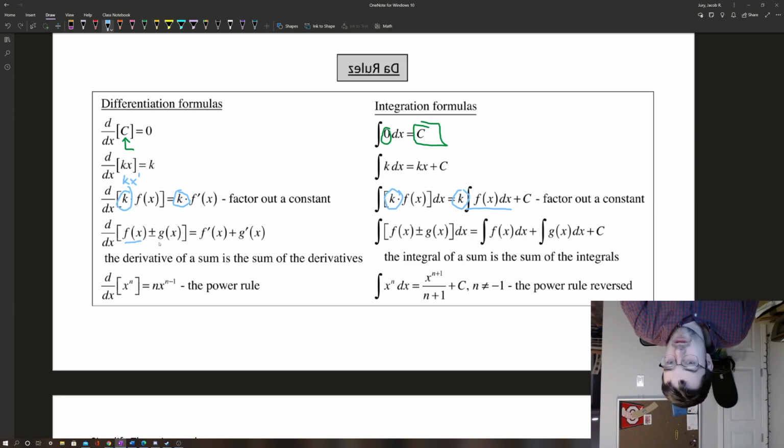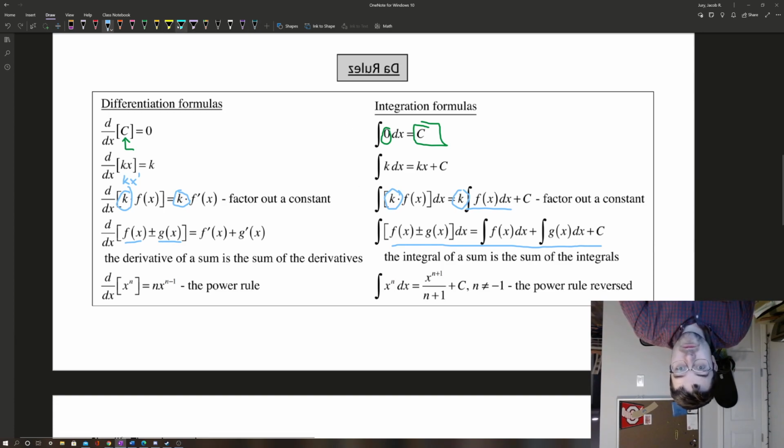If we have two different things inside a derivative, we don't have to take the derivative of that whole thing. We can take the derivative of each term separately. That works similarly for integrals. If we have different things inside our integral, we don't have to integrate it all at once. We can integrate it separately.